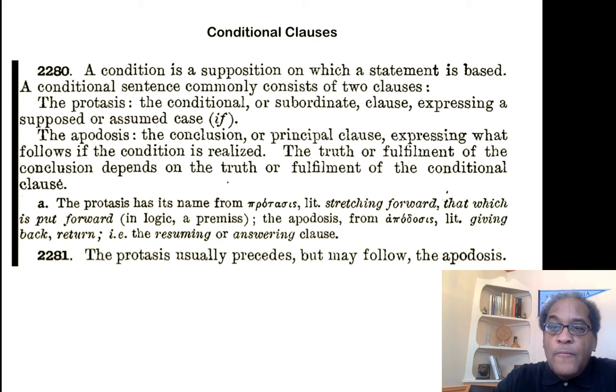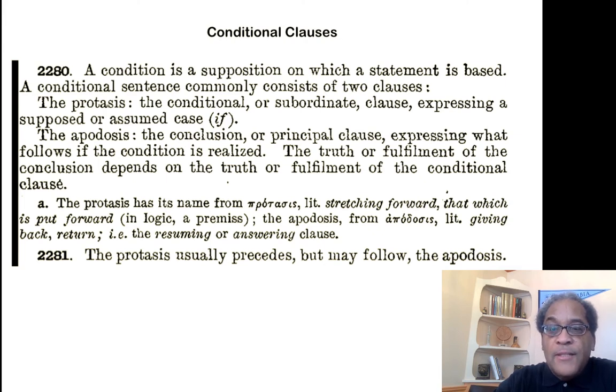The truth or fulfillment of the conclusion depends on the truth or fulfillment of the conditional clause. So, protasis has its name from πρότασις, literally stretching forward, that which is put forward, in logic, a premise, and apodosis is from ἀπόδοσις, literally a giving back or return, i.e., the resuming or answering clause.